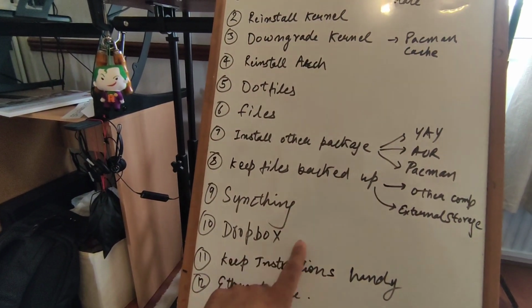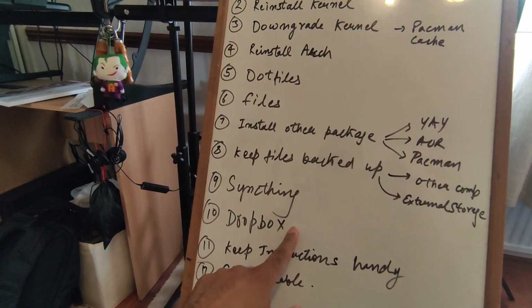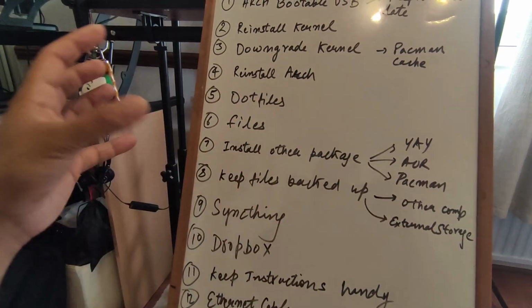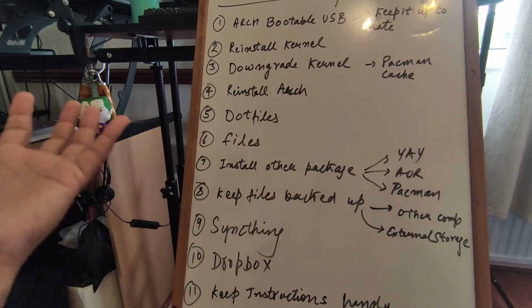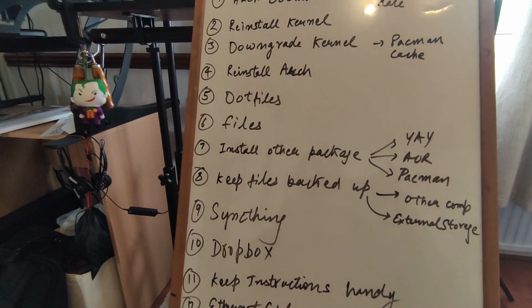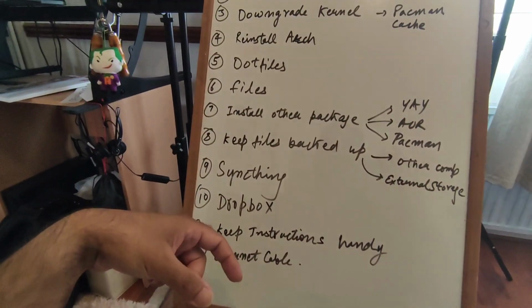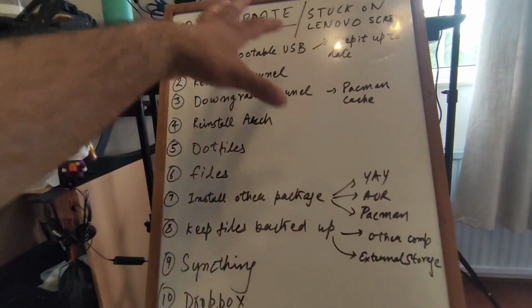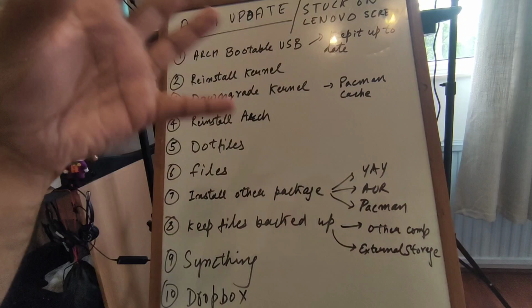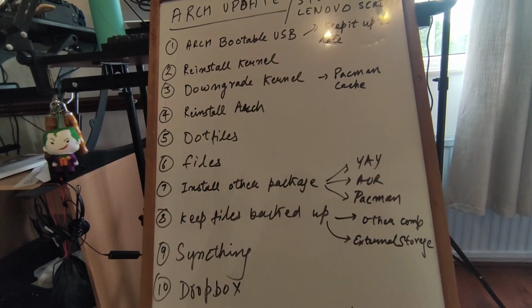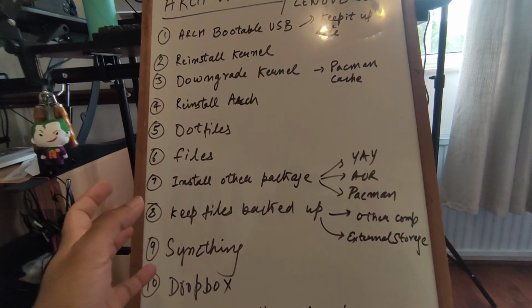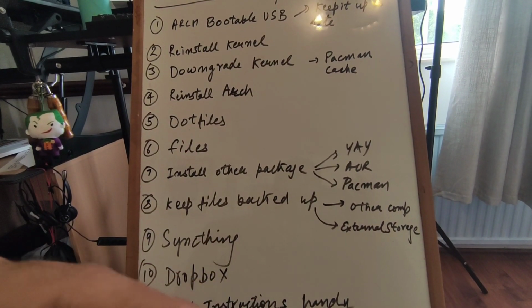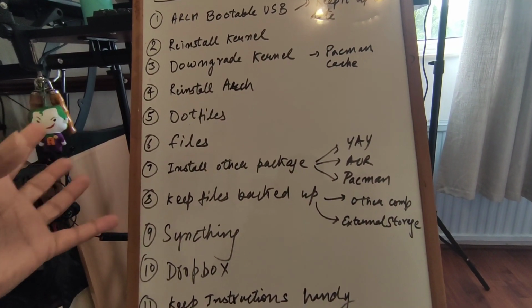And of course, Syncthing and Dropbox are great, but I most likely will set up a Syncthing computer. I have one Intel NUC which I will most likely use. And I can also give you some advice: if you're doing all this, then you should keep all the instructions handy with you. For example, I have my org file in which I keep track of and write down all the instructions, like to install Arch.